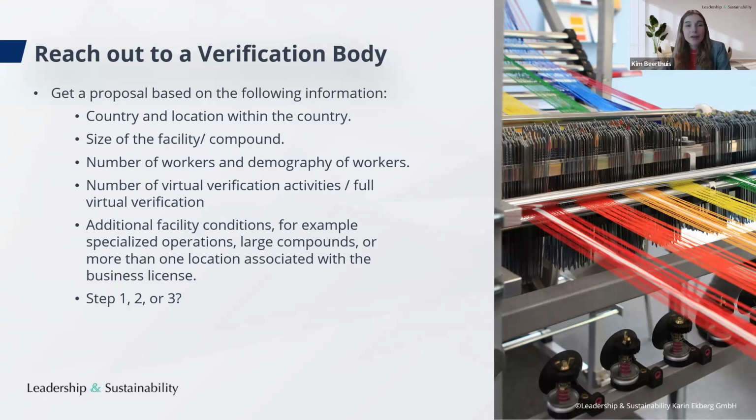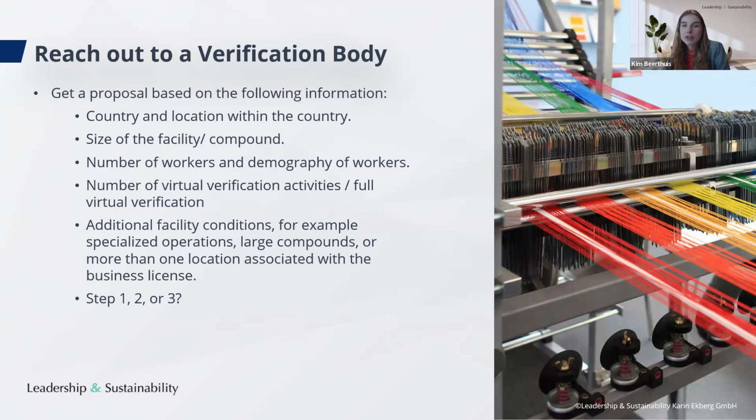To select a verifier body, you should first reach out to them. If you reach out to us, please send us the following information and we are happy to send you a proposal. We would need the country and location within the country, the size of the facility or the compound, the number of workers and the demography of the workers, the number of virtual verification activities, or if requested, a full virtual verification.